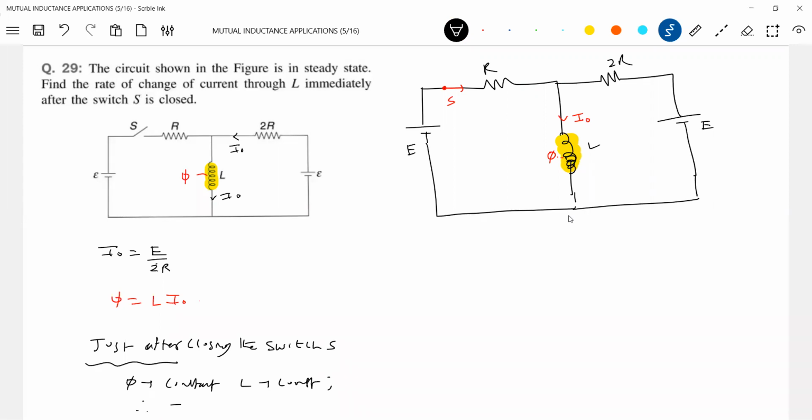So therefore I naught is constant, in the sense that it will not change here. After some time, the current has to change. Just after closing the switch is what we are discussing in this problem. Again, don't take it in another way. Okay, after this, what are the currents? We'll assume the currents flowing in the circuit.